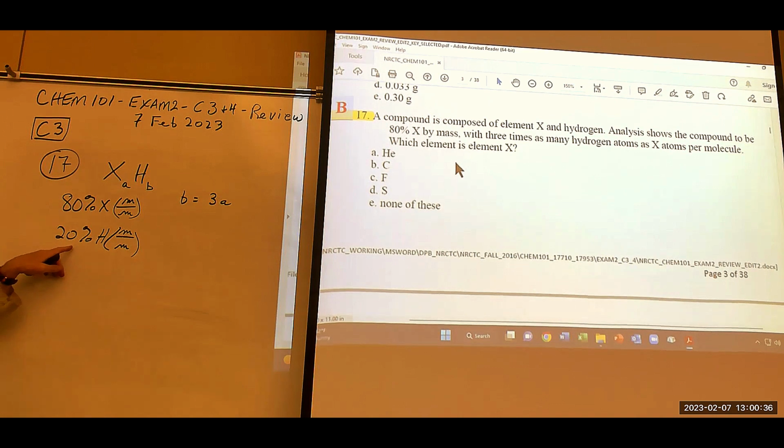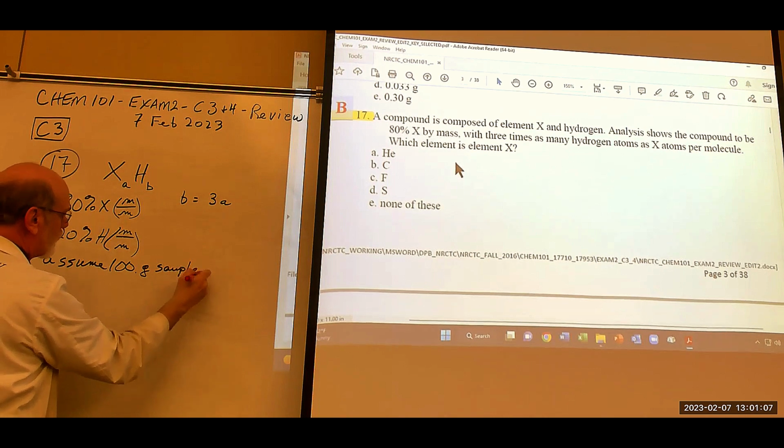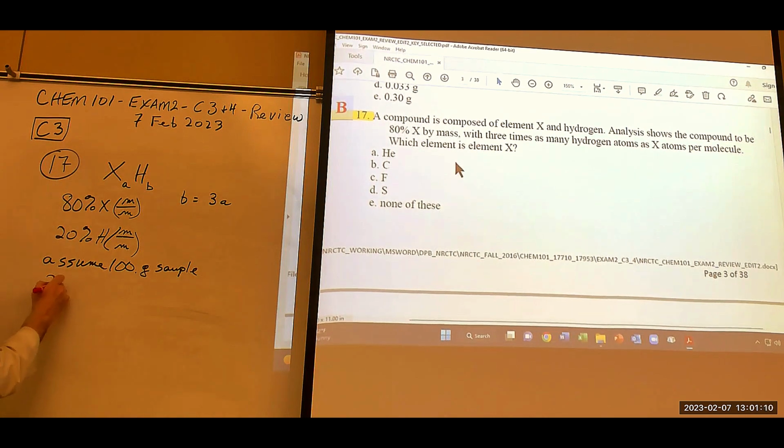But if 20% of it is hydrogen, then since these are relative to each other, per 100 by mass, we could assume a 100 gram sample. Then we have something we can work with. Now we know we've got 20 grams of hydrogen.